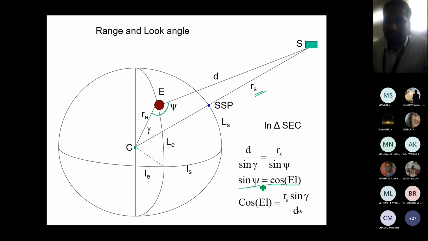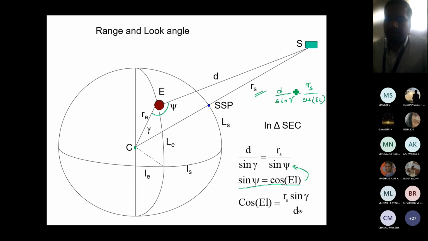Now I can replace the value of sine psi in this equation. So this equation will become d divided by sine gamma is equal to Rs divided by cos elevation.